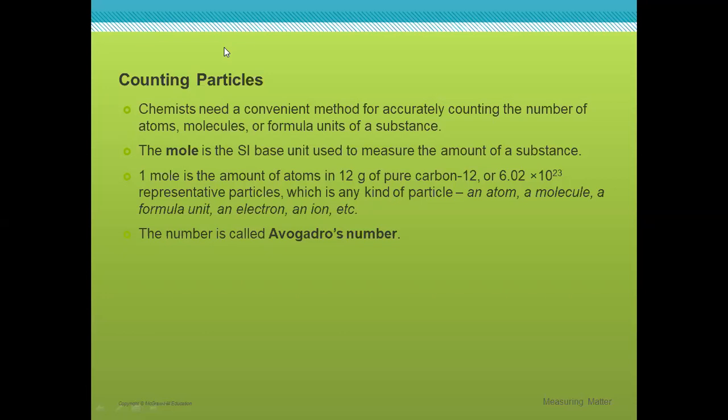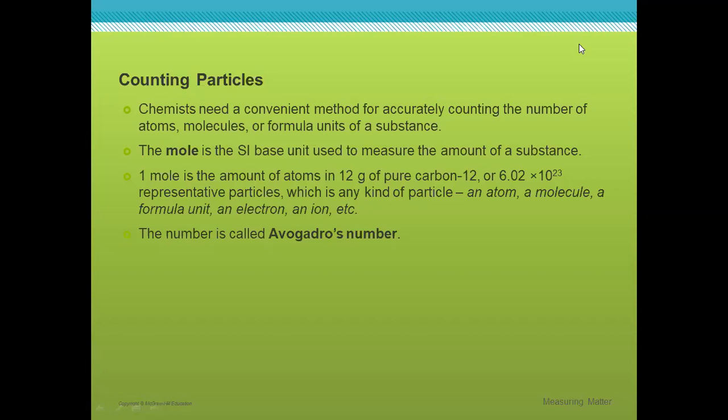Tamim, read the third paragraph. Okay, read the third paragraph, Tamim. One mole is the amount of atoms in 12 gram of pure carbon, negative 12, or no, not negative.